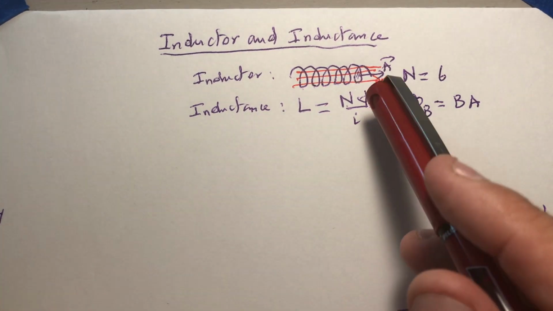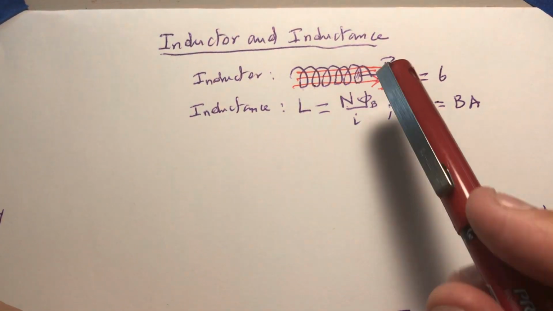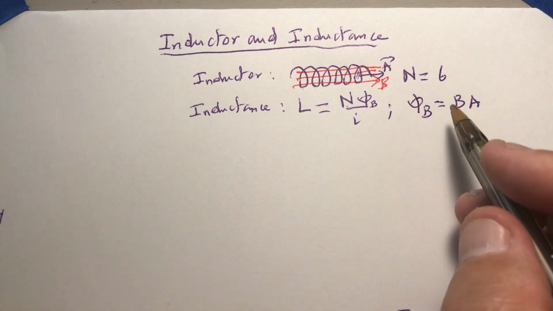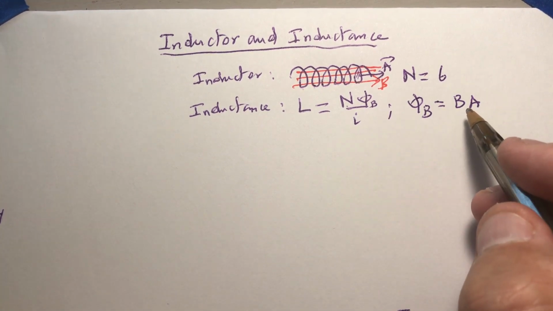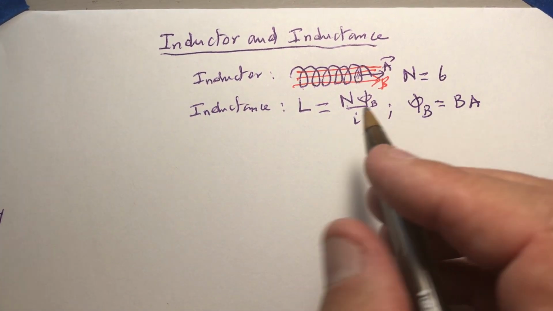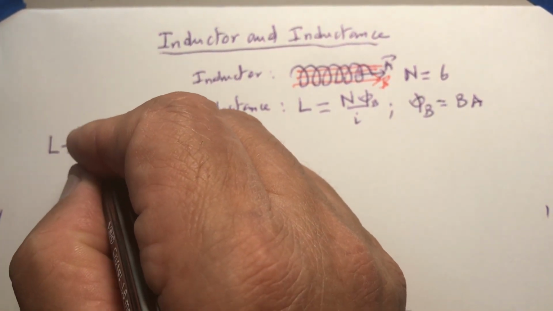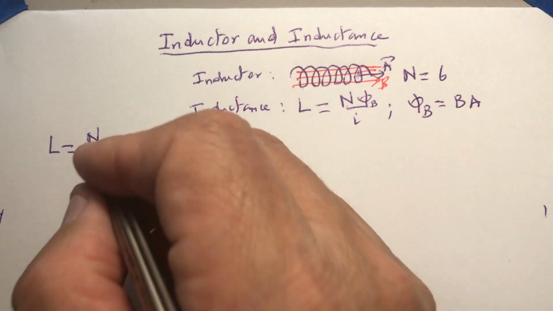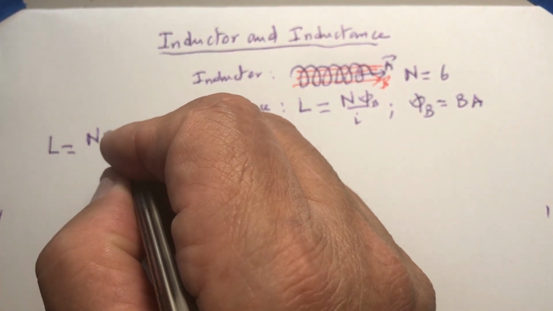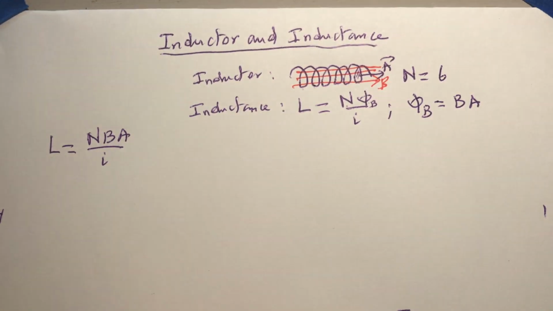You can see that the area vector and the B field are parallel. So cosine 0 is 1, and we just put BA. So now L is equal to N times the flux, BA, over the current.